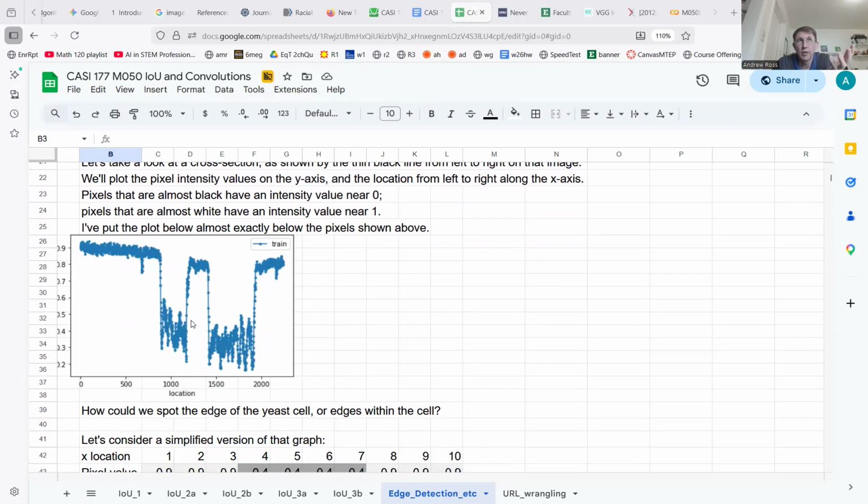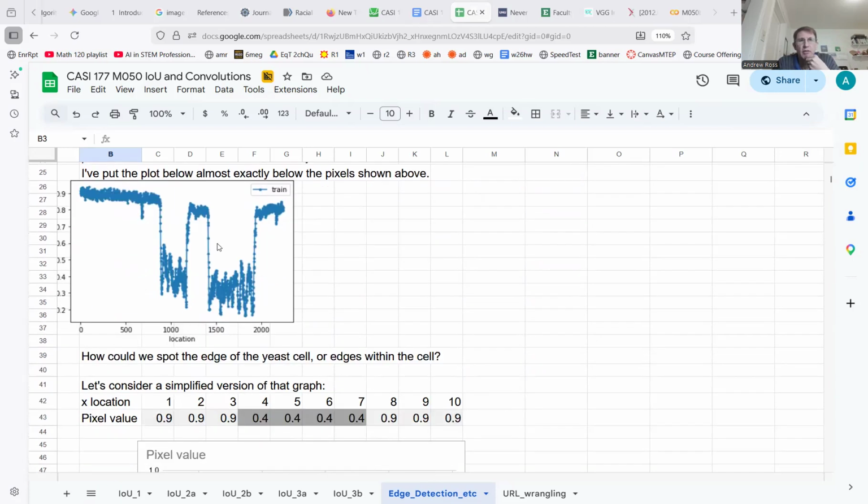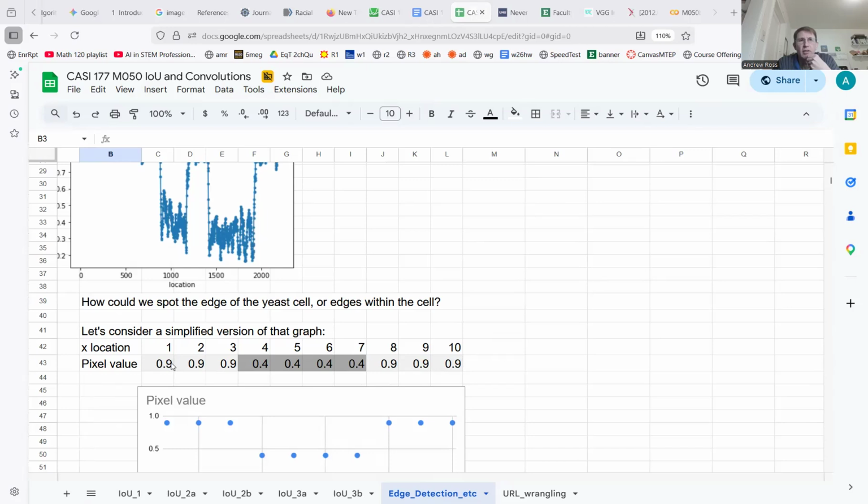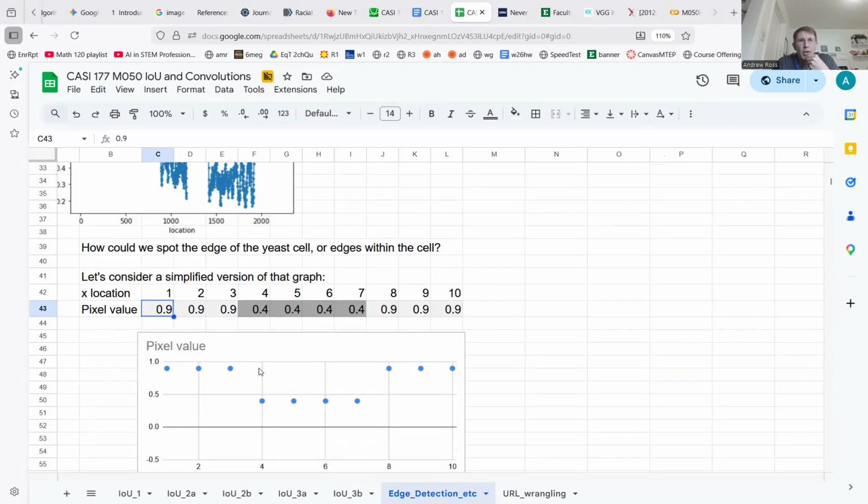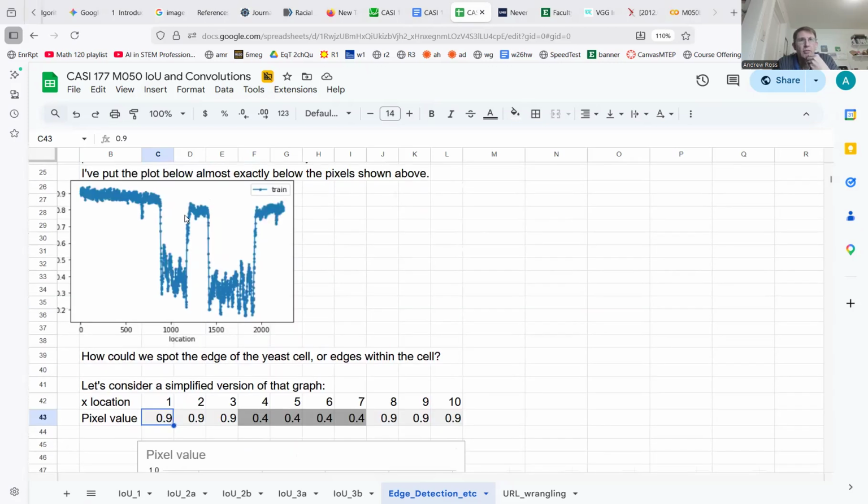So what if we wanted our neural network to spot the edge of the yeast cell or edges within the cell? Let's consider a simplified version of this complicated graph. So I've typed some intensity values, like 0.9 for background bright and 0.4 for inside the cell dark. And you could compare this plot to going from background to inside to background again.